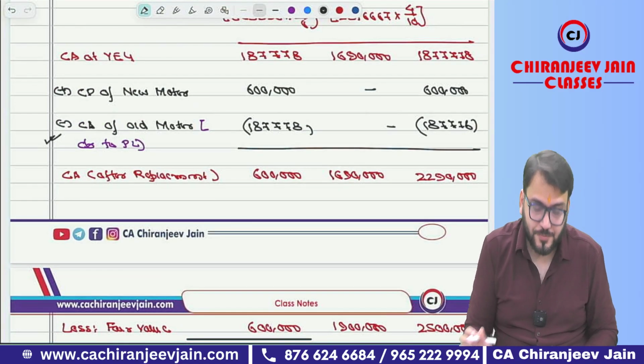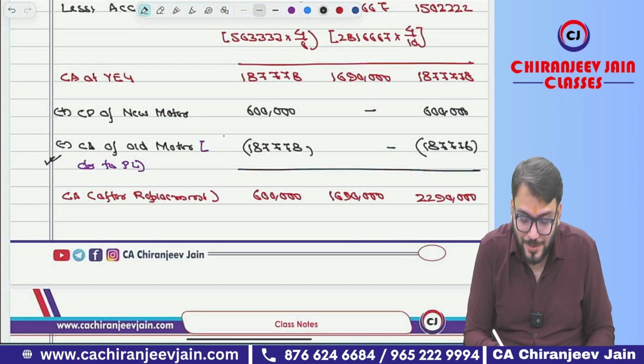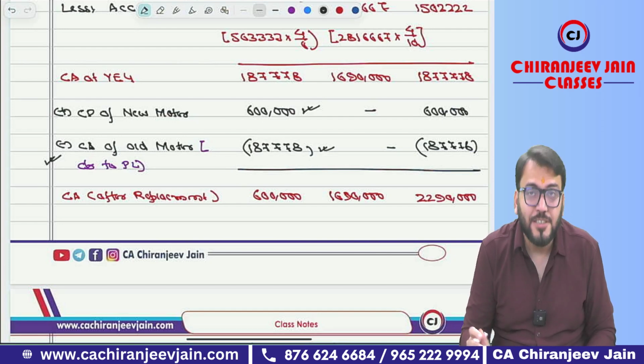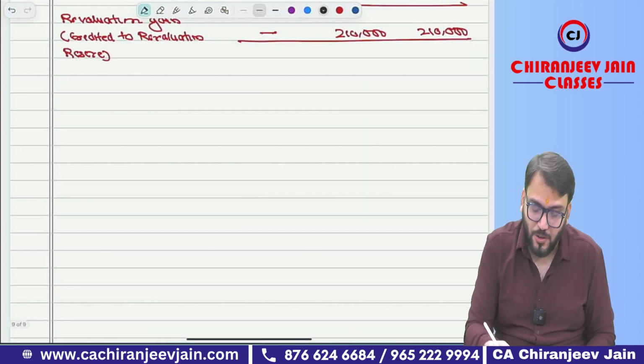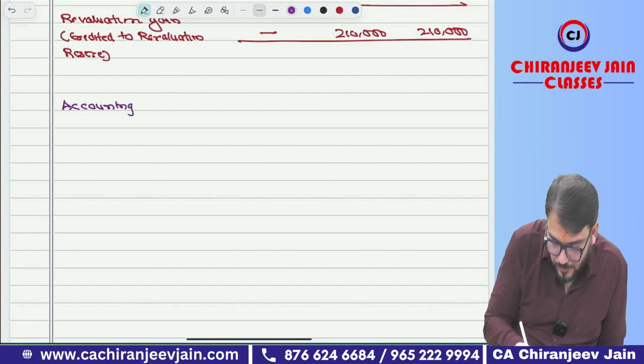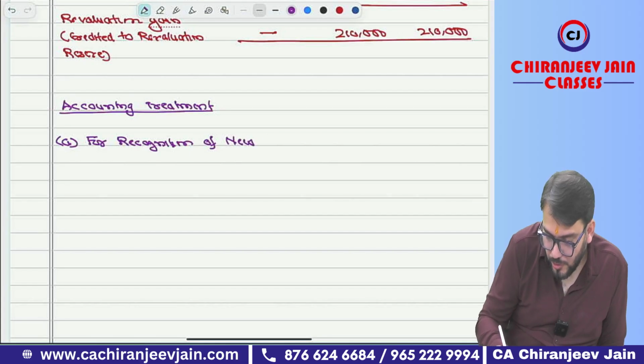What will be the journal entry for this? Of course, can I say you need to add 6 lakh to the plant and you de-recognize the old plant, the old motor. So what journal entry? Only for your understanding. Accounting treatment for recognition of new motor.